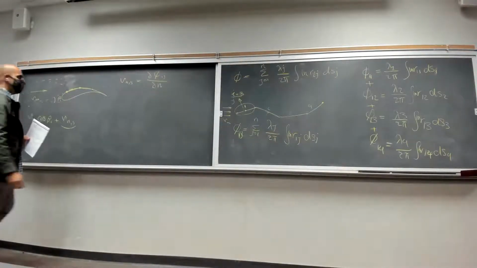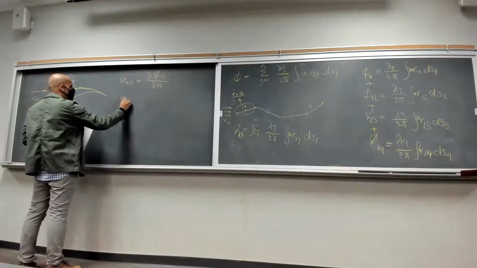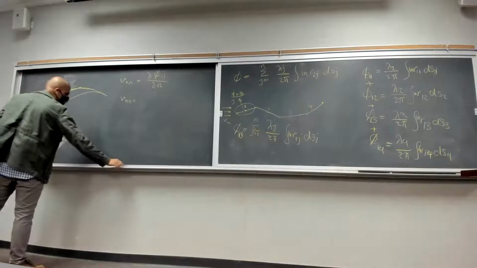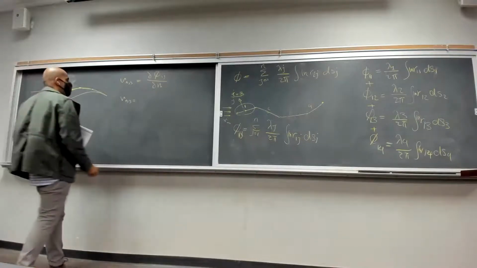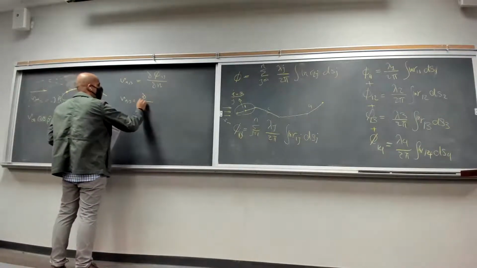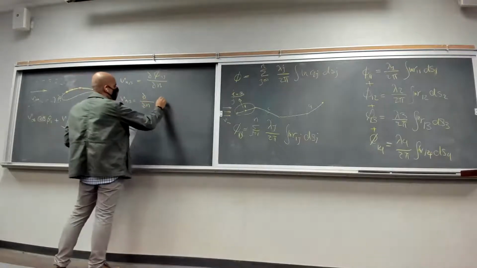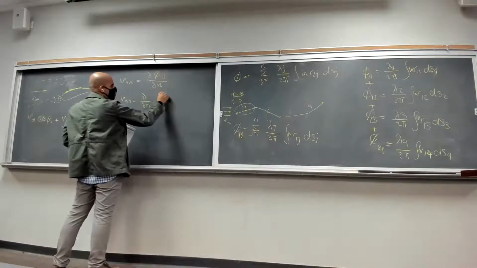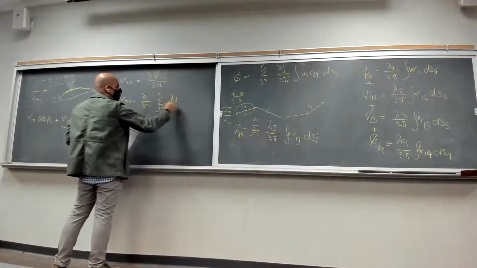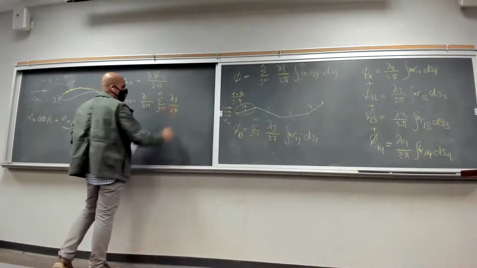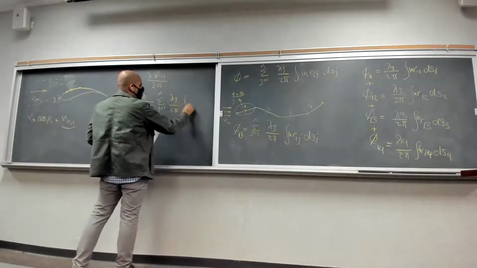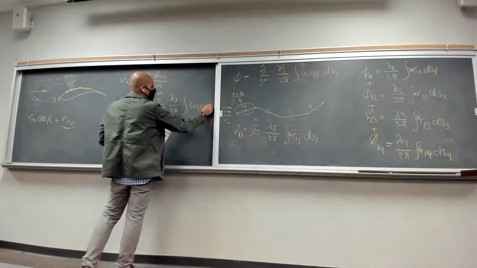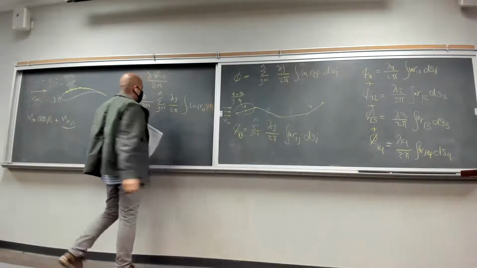So this Vn,s, the velocity induced by the sources, is going to be the derivative with respect to n of the sum over j equals 1 to N of lambda j over 2 pi, integral of natural log of r_ij dsj.